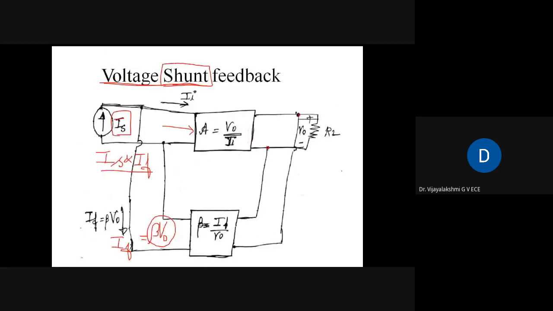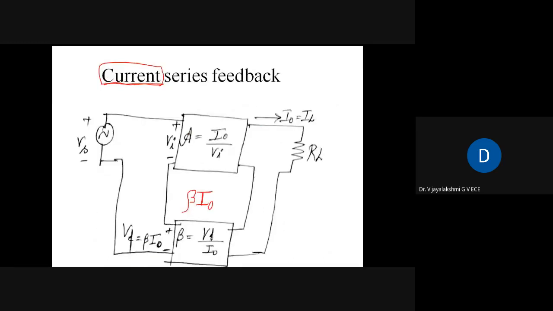So because I had voltage, the voltage is taken in parallel. And here I'm taking currents. Can you see the series connection? So this is the series connection. So current has to be taken in series from the output. So this is your output current I naught, and what portion of output current I am taking for feedback? Beta times I naught. Okay. So this is the first term.